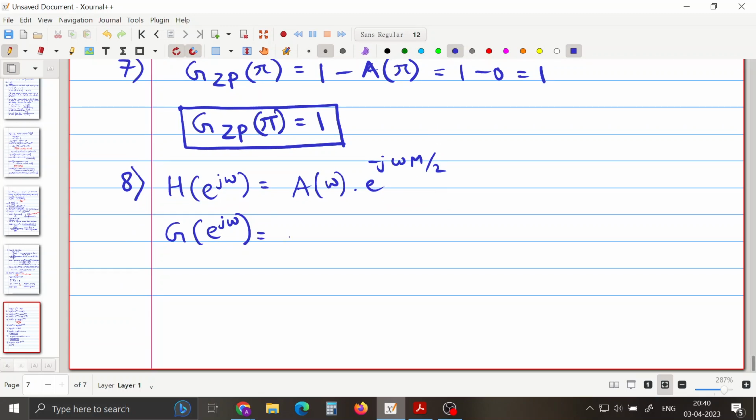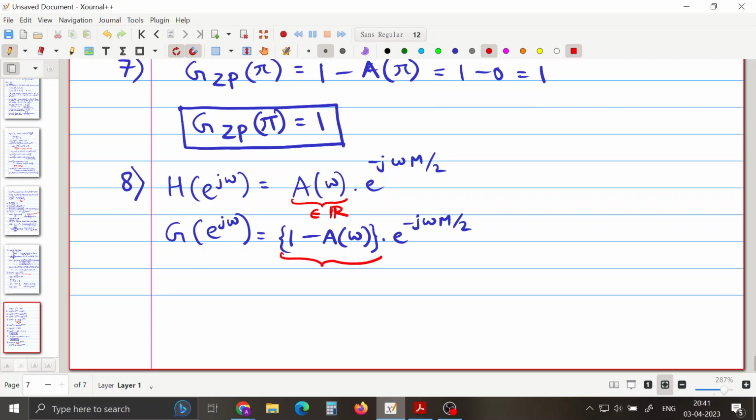So only this coefficient part, this zero phase response part, was different, and the rest was same. And a of omega was real, it's given in the question.